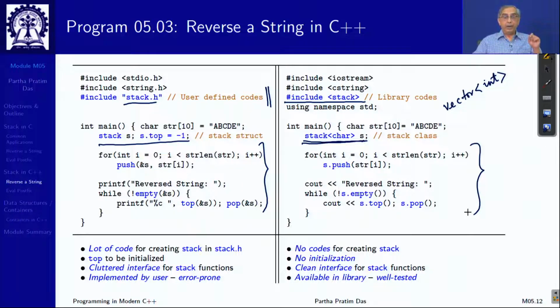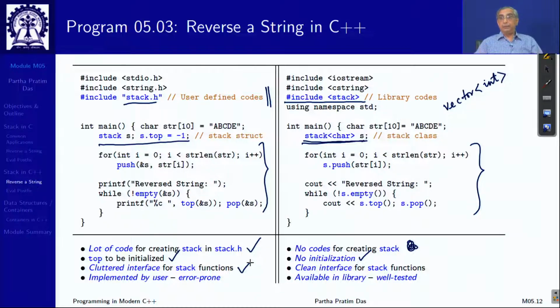So, you have a lot of advantage now, because a lot of code that you had to write in terms of stack.h is not required. There is no code that needs to be written here. You needed a separate initialization, which if you forget or do erroneously, everything will fall apart. There is no initialization required in this case. The whole cluttered interface of stack functions, which require every time the pointer to the stack to be passed, are not required.